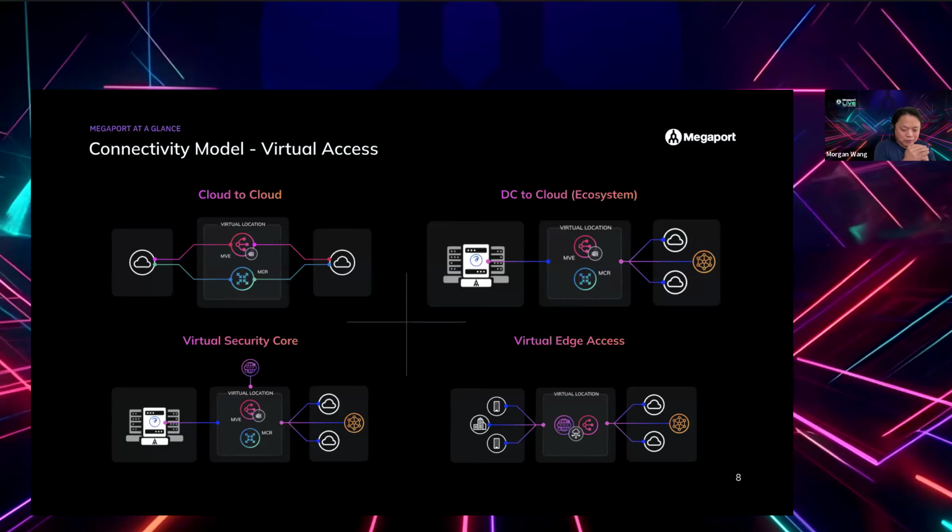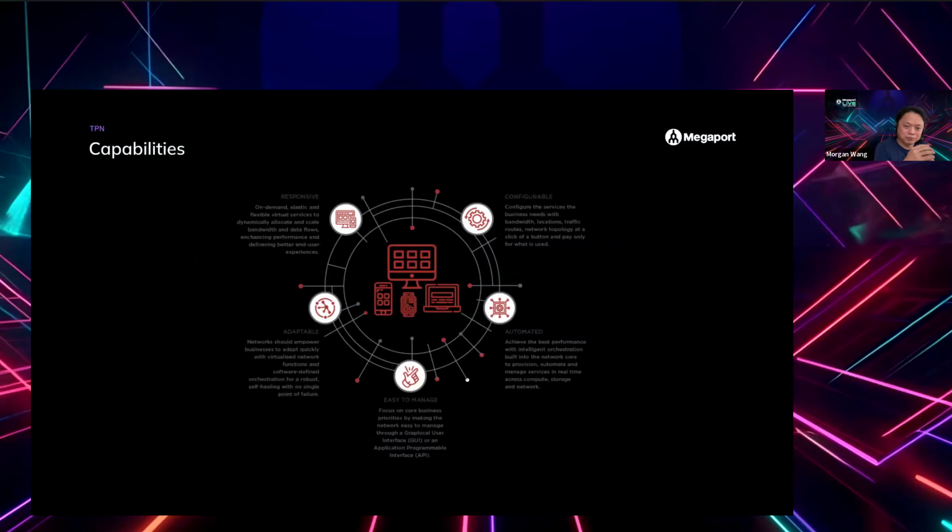Coming to the topic, why do we want to talk about the TPN migration today? What about the TPN and Megaport? It comes down to Telstra's product. TPN comes from the name Telstra Programmable Network, which is a Telstra flavor of SDN, software-defined network as a service, a similar concept.